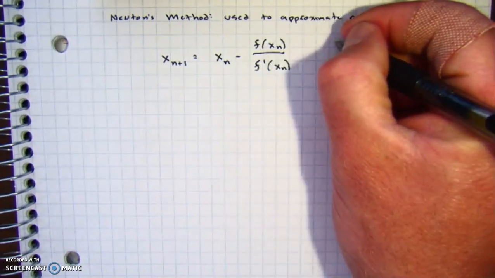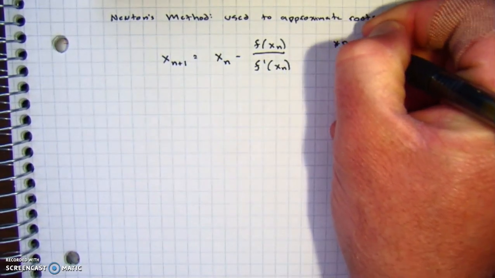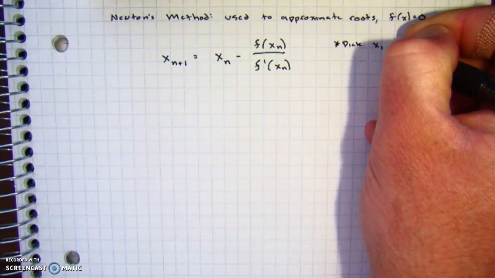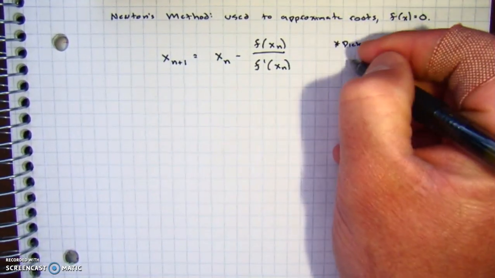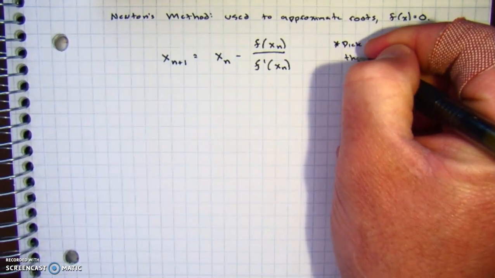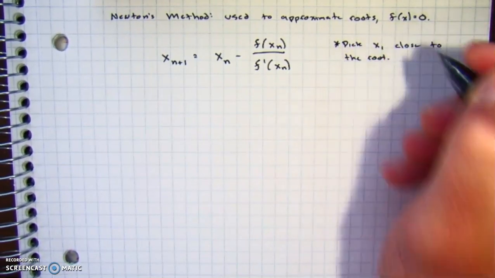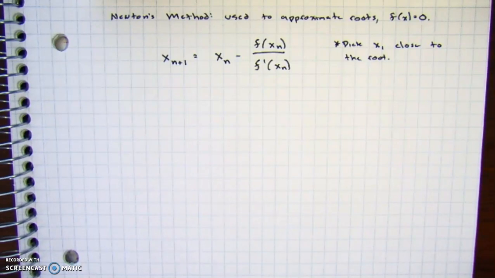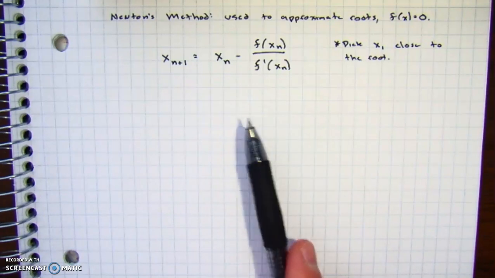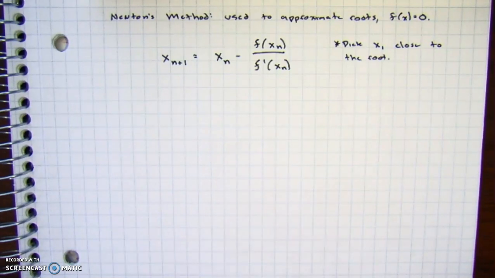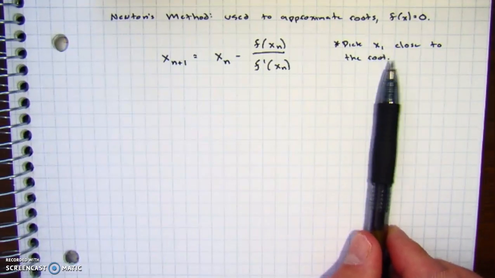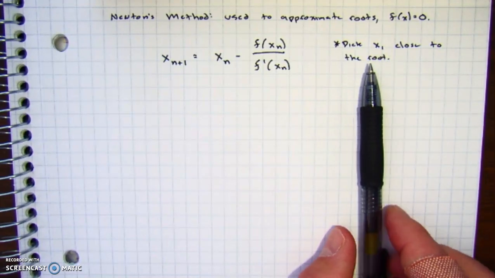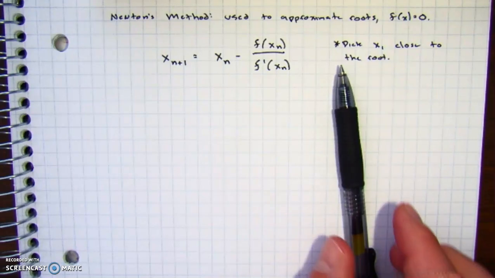So you're going to have to pick an x1 close to the root. Usually the best way to do this is graphically, where you just look at the graph and estimate where it is. The reason is it doesn't necessarily have to be close, but this is going to better guarantee that you get a good result.